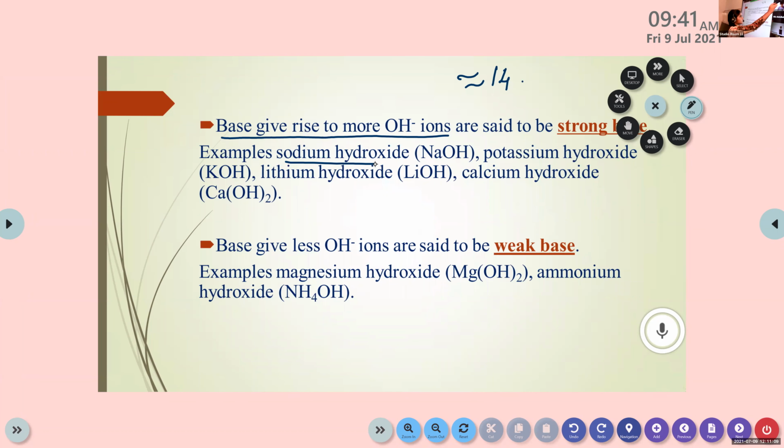The bases which give rise to more OH minus ions are said to be strong bases, and the base which gives less OH minus ions is said to be a weak base. Examples: magnesium hydroxide, Mg(OH)2, then ammonium hydroxide, NH4OH. These two are the examples of weak bases.